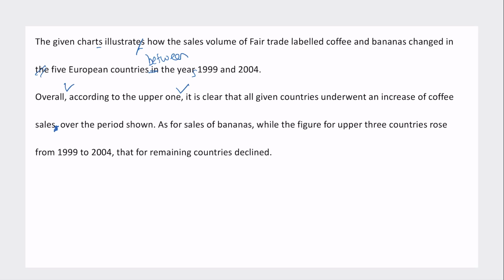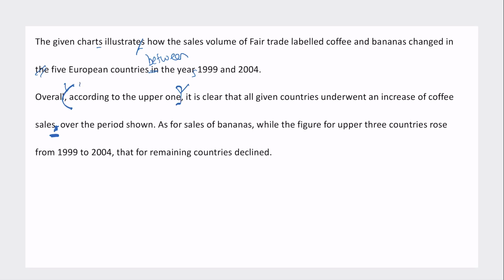But the way this candidate had the comma here, we say overall, according to the upper one, it is clear that all given countries underwent an increase of coffee sales over the period shown. This pause at the end is unnecessary, so we want to get rid of that comma. Okay, the reason that we pause here is because this is a little clause phrase, and it's flexible and we can move it around the sentence.